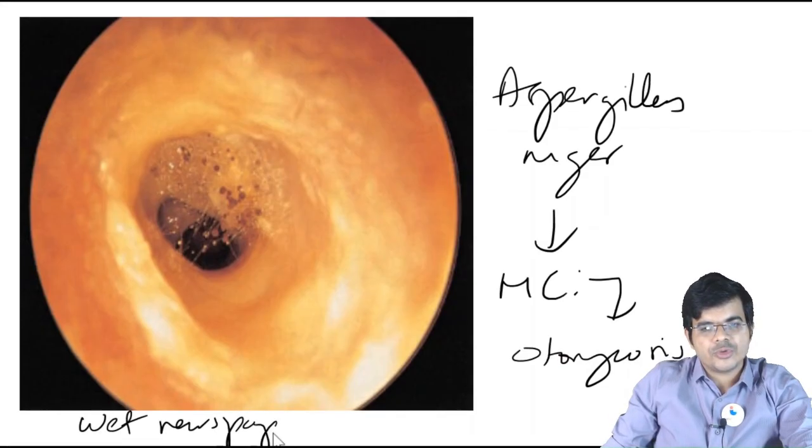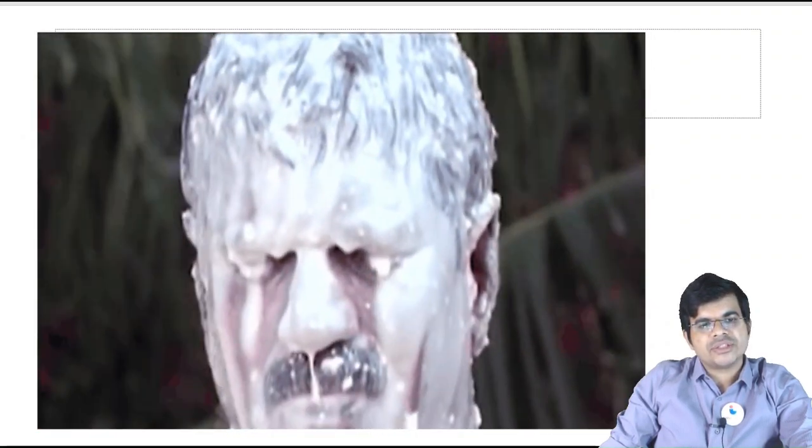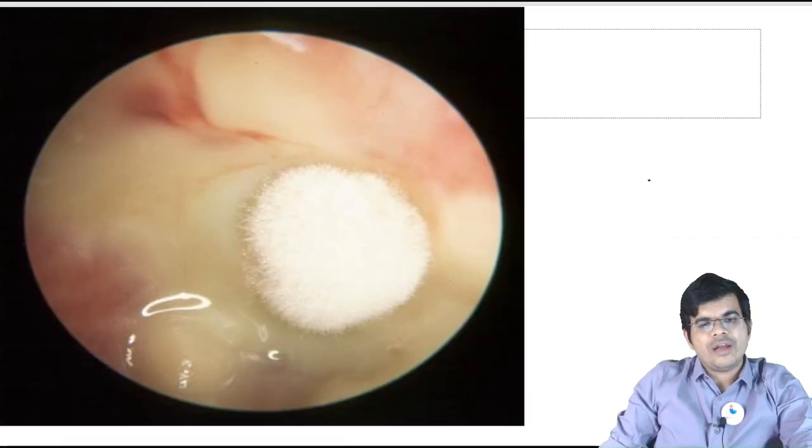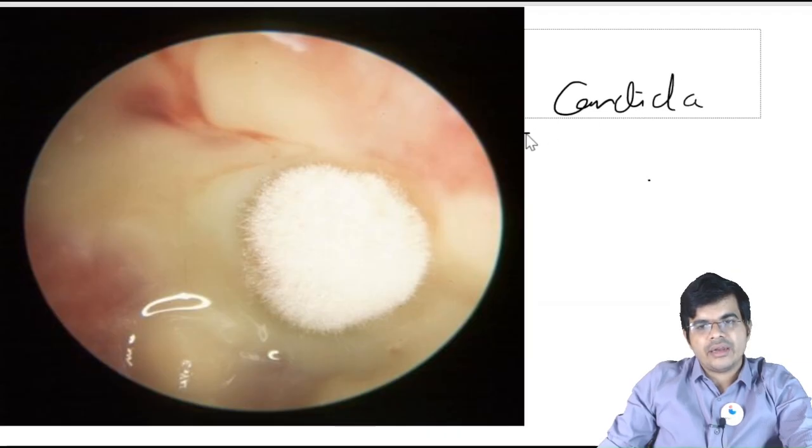Okay, wet newspaper appearance. And the second most common cause is, yes, it is actually causing a curd-like appearance or woolen fluffy type of appearance, and that is nothing but candida. Okay, candida.